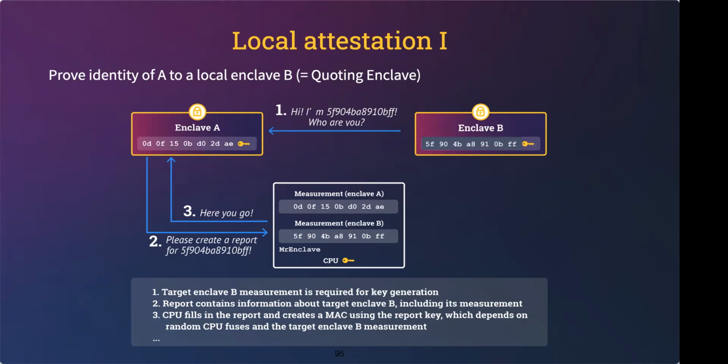The CPU gives the report back. When I create that report, I will also put the hash of my public key in there if I'm enclave A. So there is some part of the report that I can control. I get that report back from the CPU, it's encrypted.